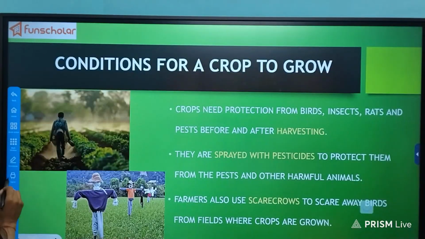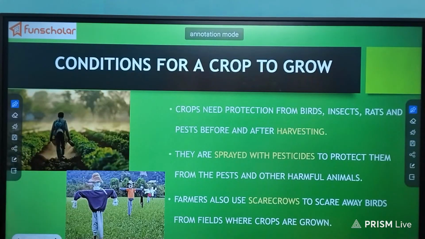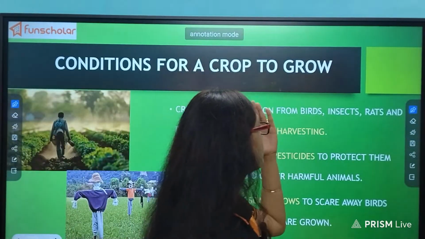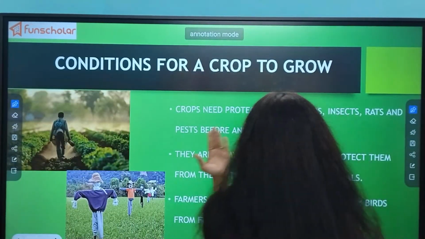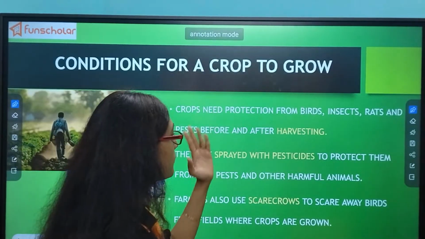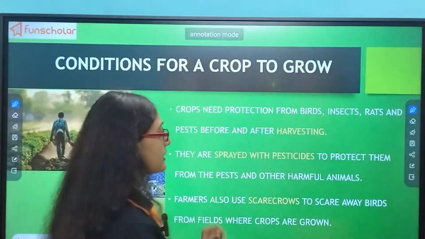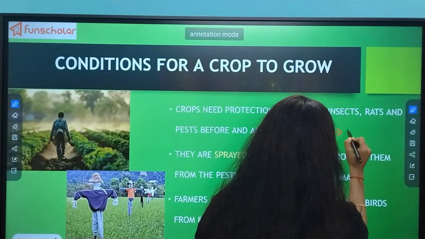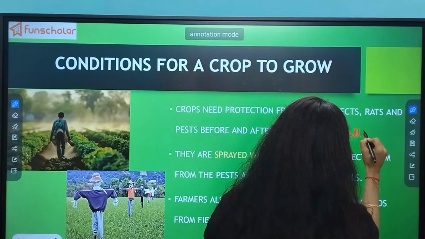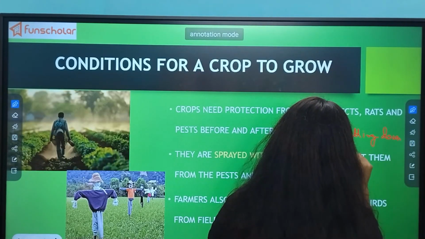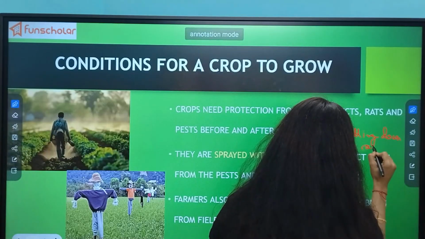Now come back to this point. I have told you, now just read. Crops need protection from birds, insects, rats and pests both before and after harvesting. Harvesting means cutting down the crops.